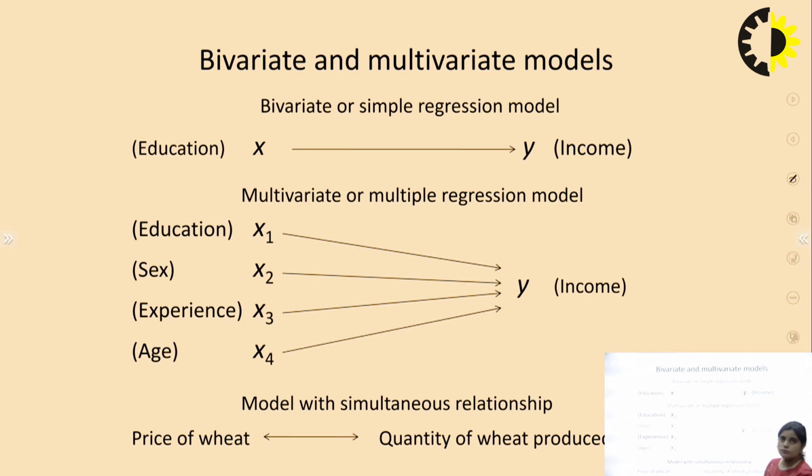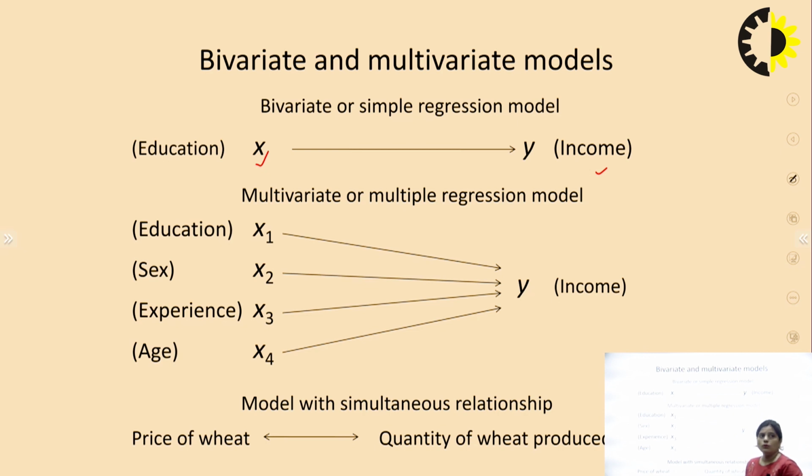Now the next one is what are bivariate and multivariate models inside the regression models. The bivariate can also be termed a simple regression model, in which there is only one dependent variable and one independent variable.